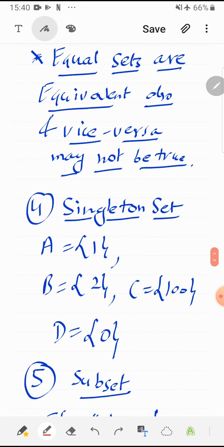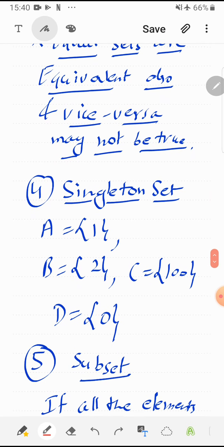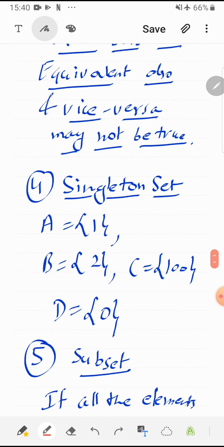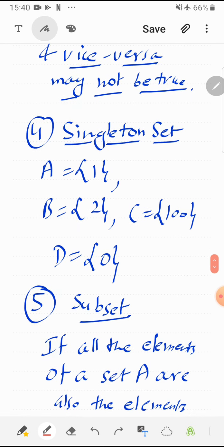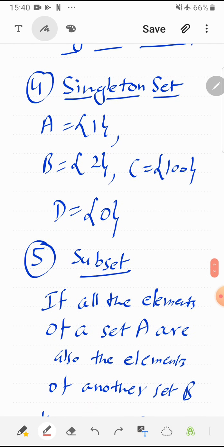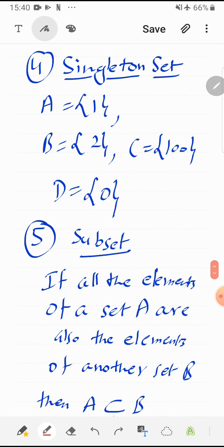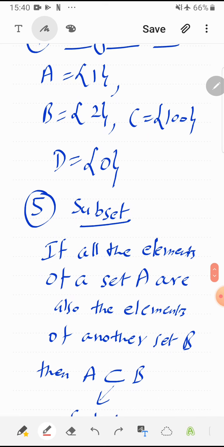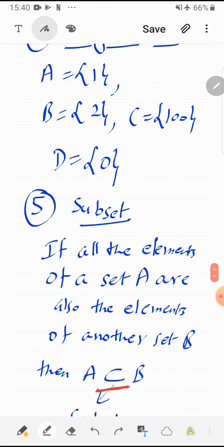Simple. The next is very important: subset. What is a subset? If all the elements of a set A are also elements of another set B, then it is written as A subset B. This is the symbol for subset.